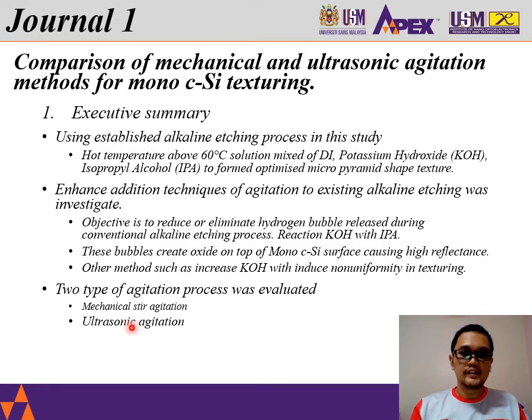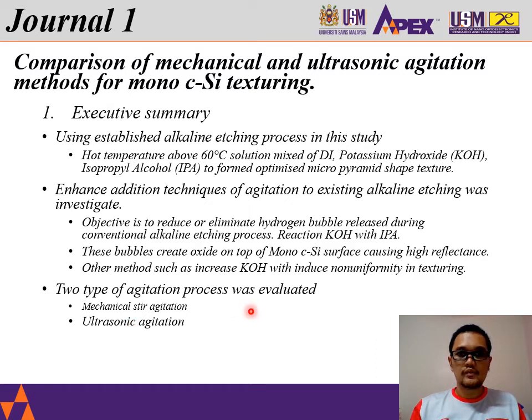What they introduce here is an enhanced additional technique, which is agitation, added to the existing alkaline process. The objective is to reduce or eliminate the hydrogen bubbles released during the conventional alkaline etching process. When the KOH reacts with IPA, they produce these hydrogen bubbles, which later create an oxide on top of the surface of monocrystalline silicon.